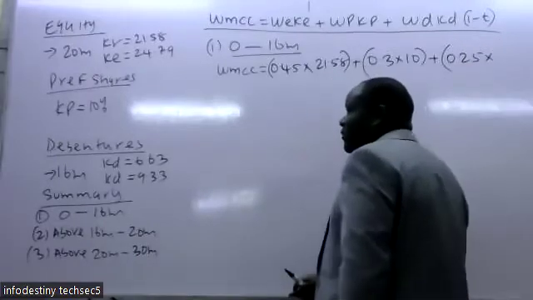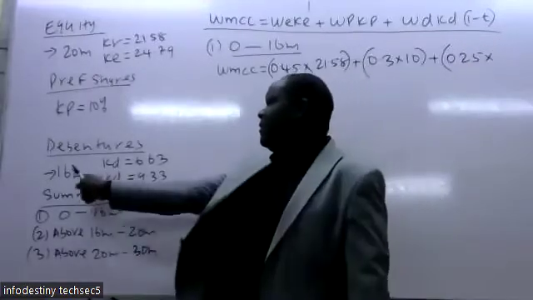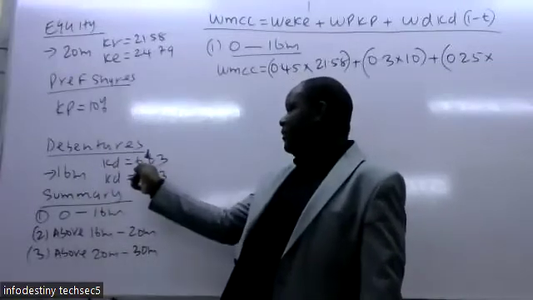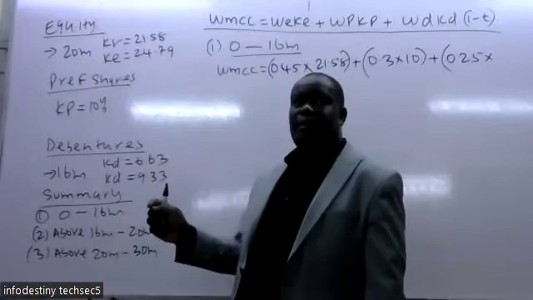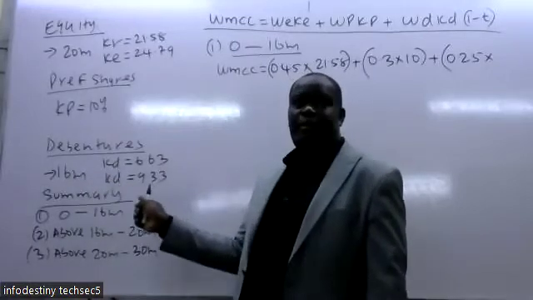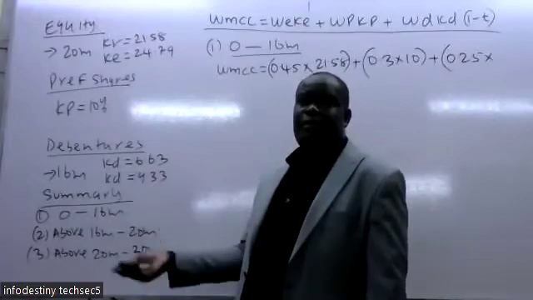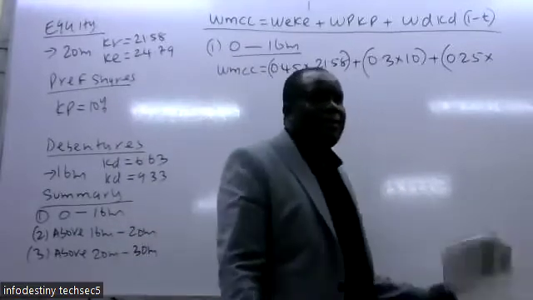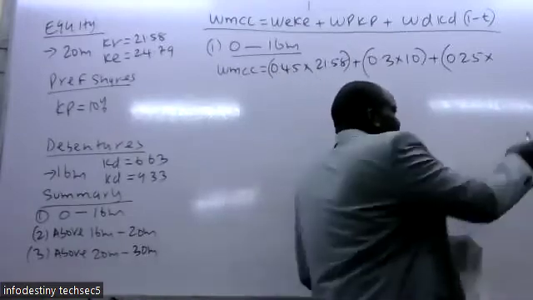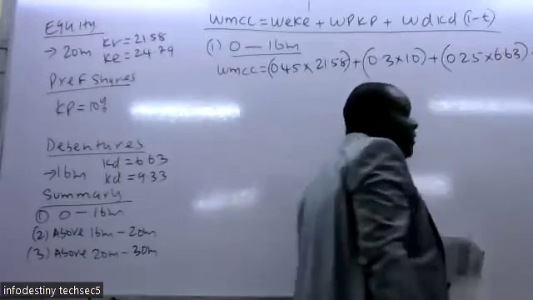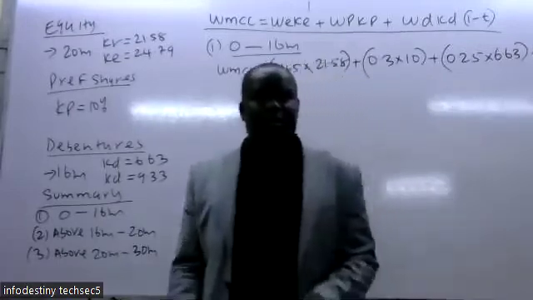So anything to do with 16 million and below, we use what? 6.63. Anything above 16, we use 9. So we are still 0 to 16. So we use 6.63. So we had already taxed, so we don't tax it again.